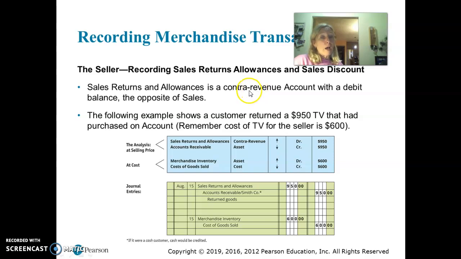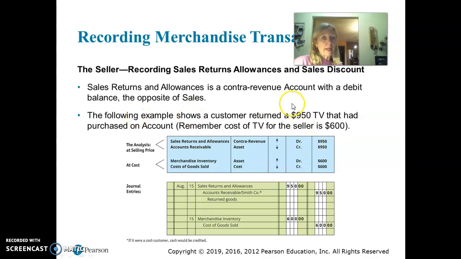This is not when you, Walmart, are returning a television to Sony. That happens, you decrease your merchandise inventory. We already talked about that. Now, in this case, you are doing a sales returns and allowances, and that is because a customer bought the good and is returning it.